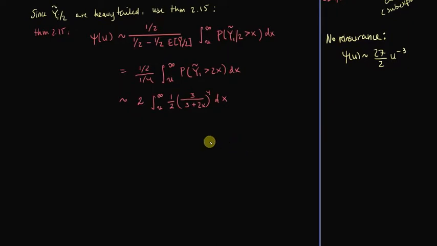And if we just do a quick calculation of this, then what we should get is, well, the 2 and the 1/2, they cancel, right?